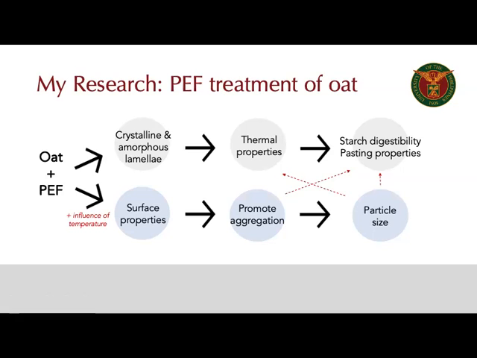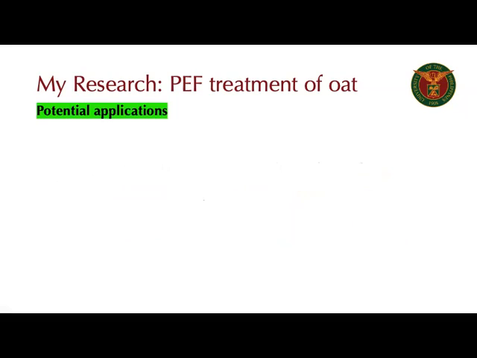And particle size of the granules also affected yung thermal properties, and then starch digestibility and pasting properties. And of course, aside from that, I also found out that protein network at yung structure ng proteins were also affected, along with the observed leaching of components, okay?